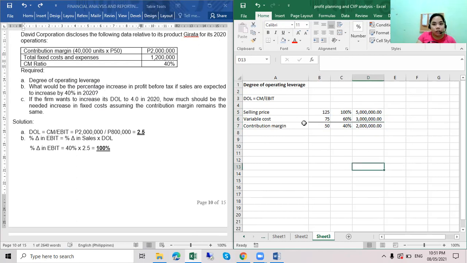So, degree of operating leverage. Okay. Your fixed costs and expenses less 1.2. Then your EBIT. Wala man ta interest, wala man ta taxes. So, ngalanan ta na si EBIT or si operating income.